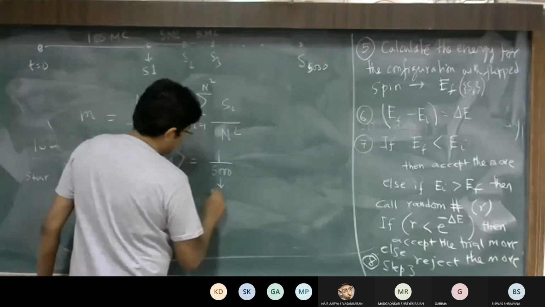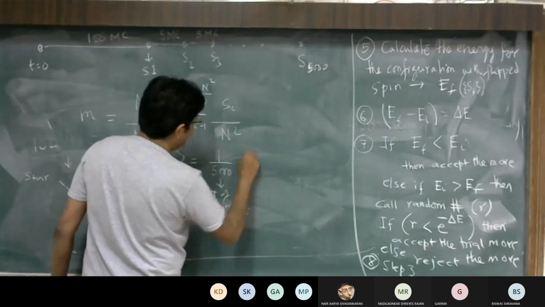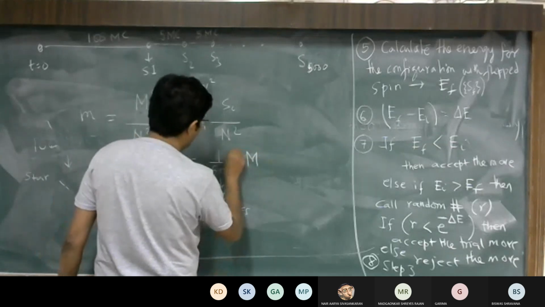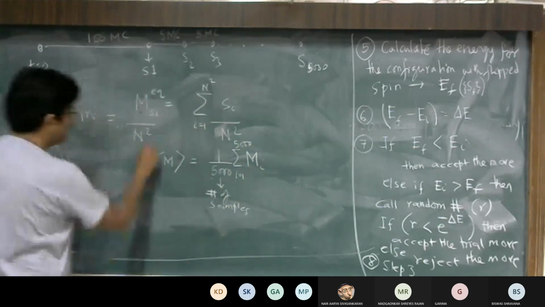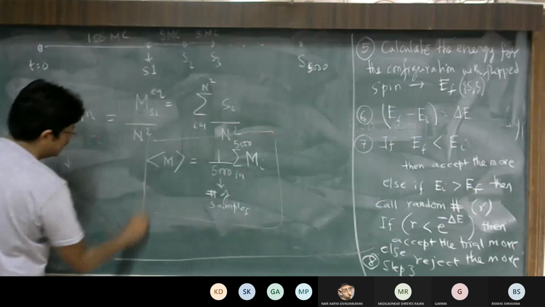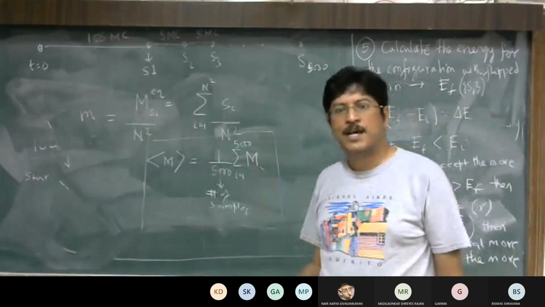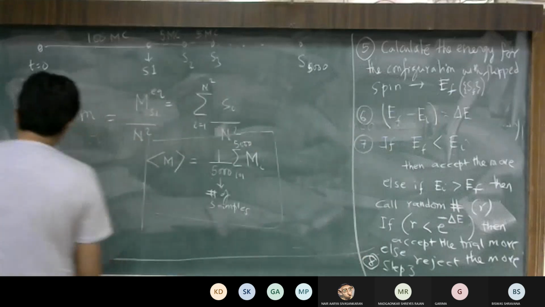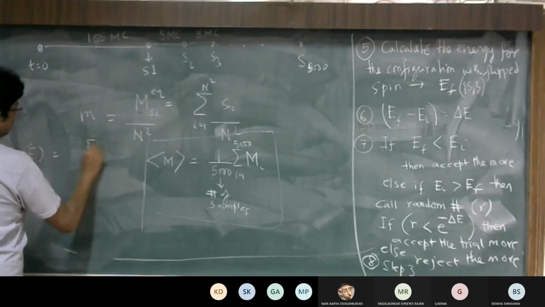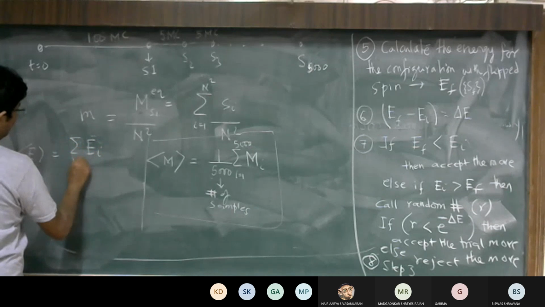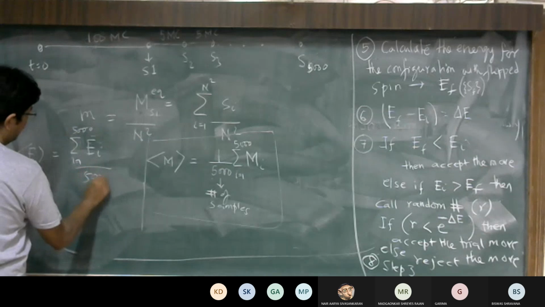This index i runs from 1 to 5,000, and for each of those samples you can find the magnetization. I have just shown it for magnetization, but you can imagine similarly that for each of the samples you could calculate the total energy. If each sample has energy E, you would again sum from i equal to 1 to 5,000 and divide by the number of samples.